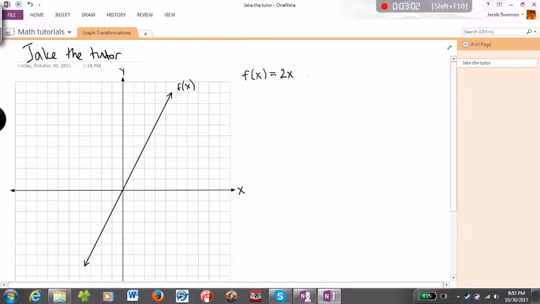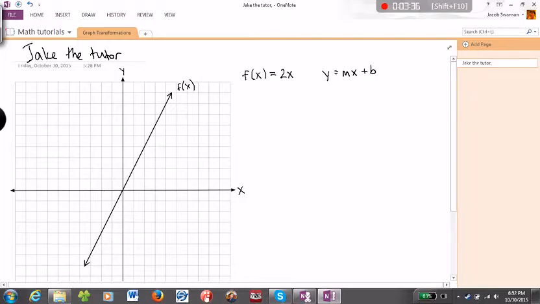The first thing we're going to look at is vertical transformations, or shifts. This is probably the easiest of all the transformations to do. If you recall from previous math classes, the general equation of a line can be represented by y equals mx plus b, where m is the slope and b is the y-intercept.